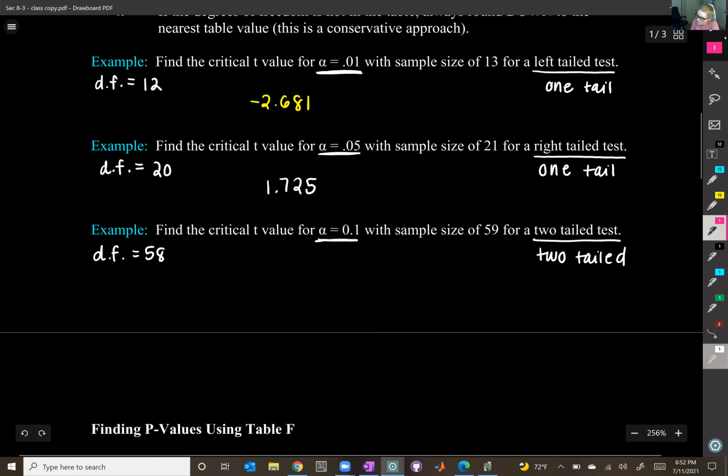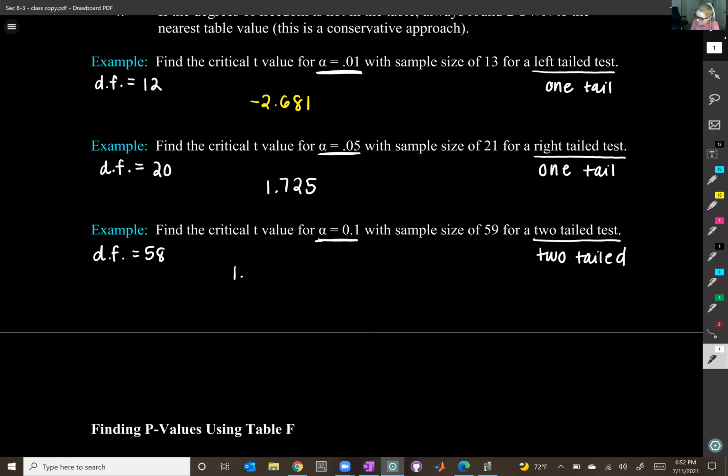And because it's two-tailed, we need 2 critical t-values because we need 1 on each side, but they're the same thing, just one's positive and one's negative. And that's it for finding those critical t-values. So similar to the z-test, you're just using that chart and the information you're given.